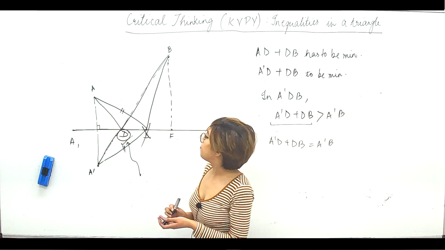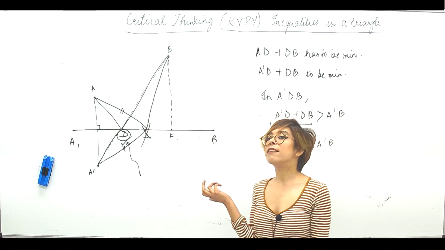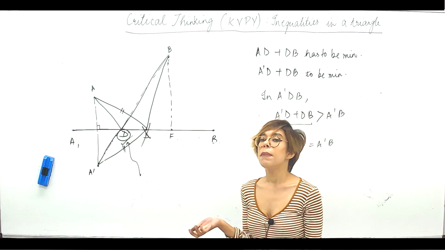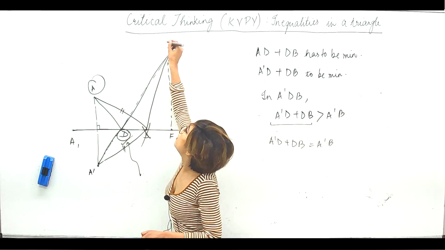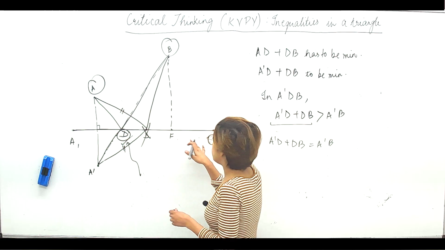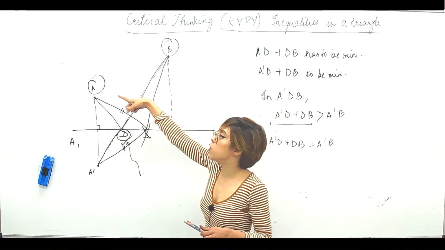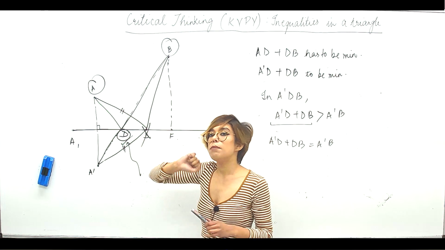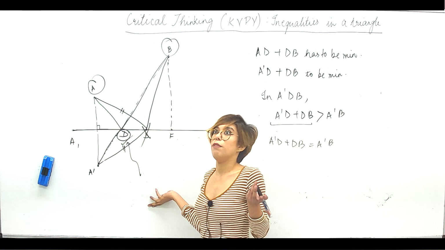Now, some people might be wondering, what kind of a question is that? I mean, you said it was a very practical question or something. Now, I'll give you an example. Suppose A and B are two villages, and this is, of course, the river. And we have to supply water to both of these villages. So, we have to establish a pumping station. We'll be pumping water from the river, obviously.